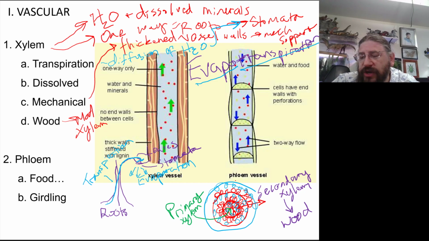If you want to kill a tree, take a chainsaw and make a 2-inch cut all the way around the base. Just a girdle cut, and your tree will die. Right? So that's pretty crazy. Phloem is near the surface of the tissue.